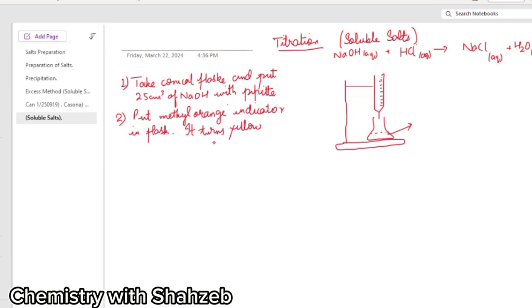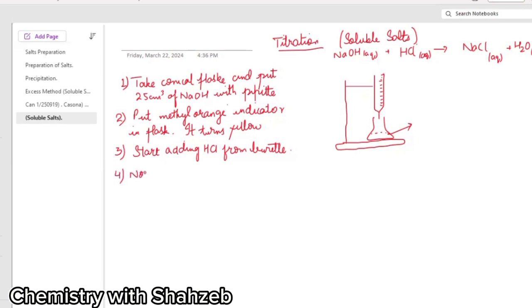It turns yellow. Now start adding HCl from the burette. Remember that if we are taking HCl from the burette, we have to add it in a dropwise manner.